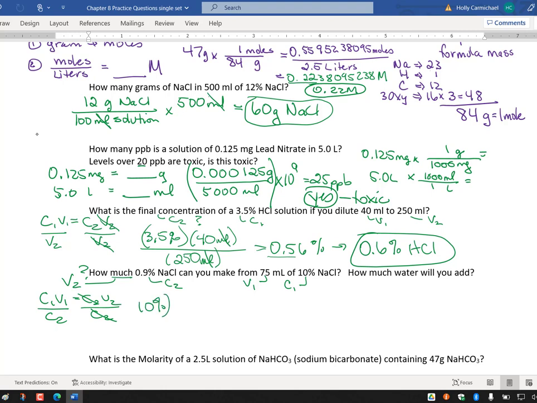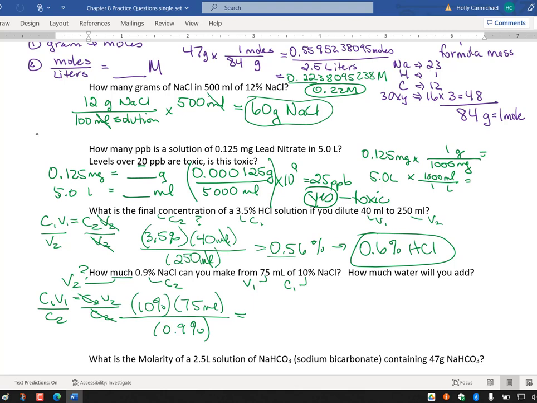In this one, I've got to move C2 to the opposite side so that V2 is all by itself. Now I can plug in my numbers. So 10% NaCl times 75 mils divided by 0.9%. And notice in this, I could have liters, I could have milliliters. It doesn't matter. The only things you've got to make sure are the same units are the ones that cancel. So like up here, milliliters and milliliters were the same units, I could cancel them. Here, percent and percent, same units, you can cancel them. So this is going to tell me the volume that I can make.